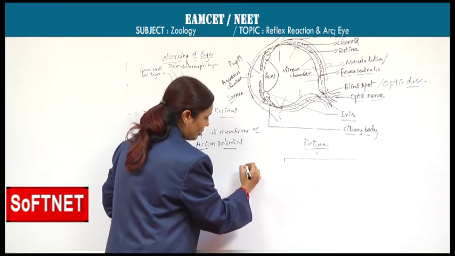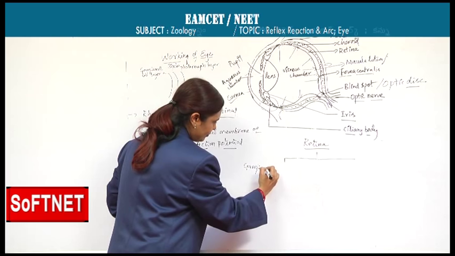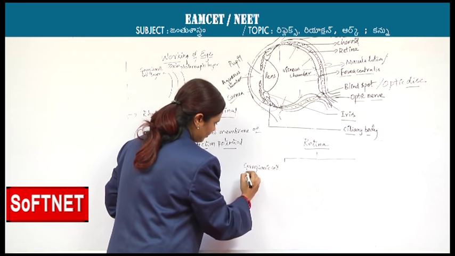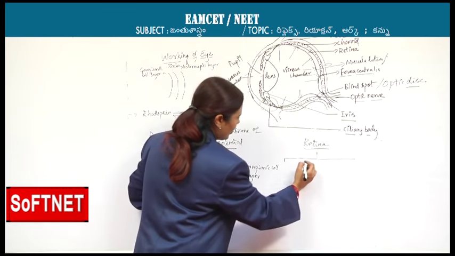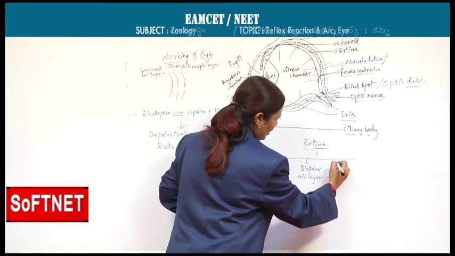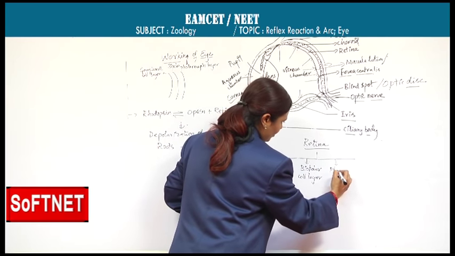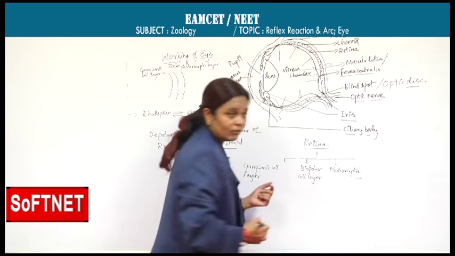What are these 3? Number 1, the ganglionic cell layer facing the vitreous chamber, then the bipolar cell layer, then the photoreceptor layer. So, all the 3 come under the nervous portion.